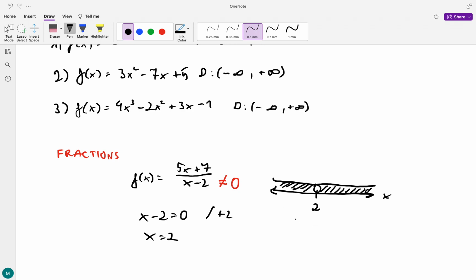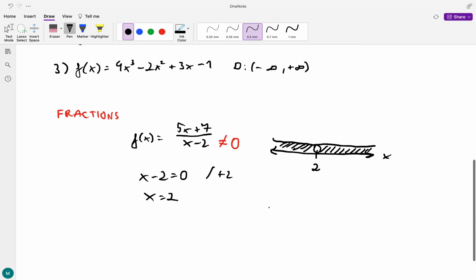Now, how do we put it using the interval notation? We're gonna say that the domain is from negative infinity to positive 2, and we're gonna use a parenthesis to indicate that positive 2 is not included in the domain of this function.